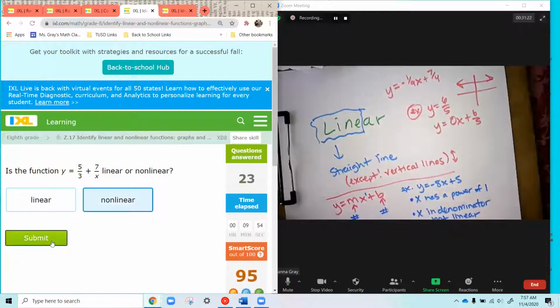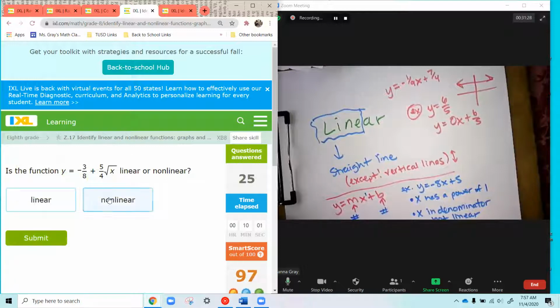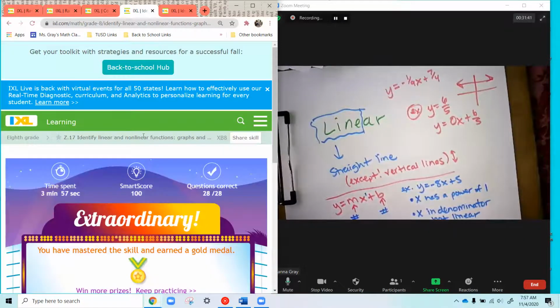Bottom of the fraction. Top of the fraction, power 1. Square root? No way. 0x? That's all right. X top of the fraction, power 1. Oh, dun dun dun dun. I did it. I earned a gold medal.